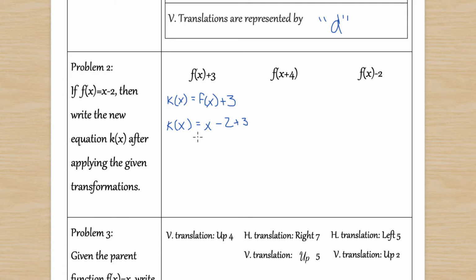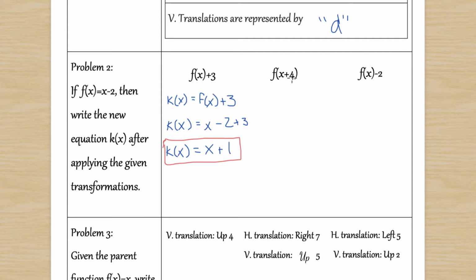Now all we have to do is combine like terms, which leaves us with k of x equals x plus 1. And so this is our transformed equation. That's all there is to it. Moving on to the next one.